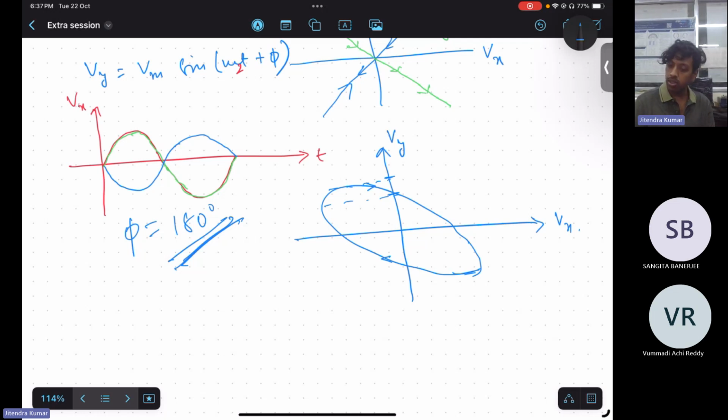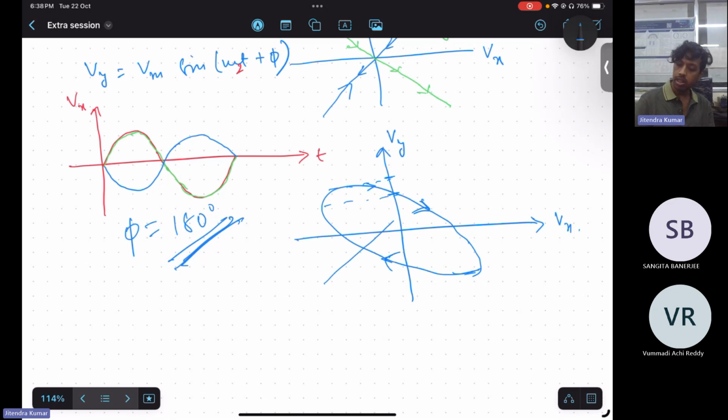So the direction of the locus is clockwise. When clockwise happens, then phase lies between which angle? Ninety to 180.